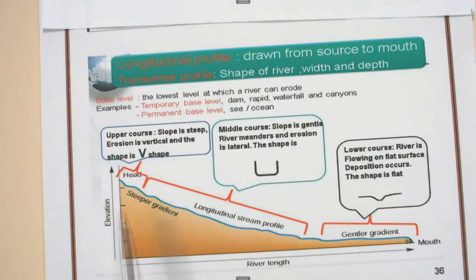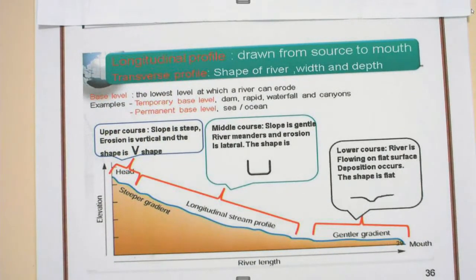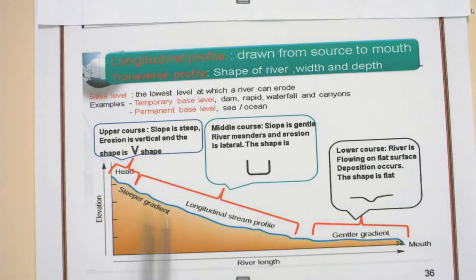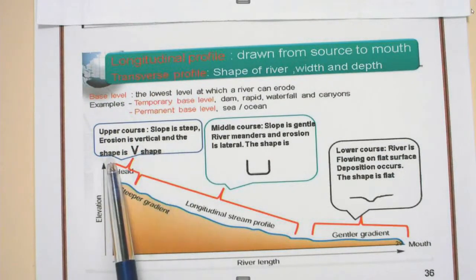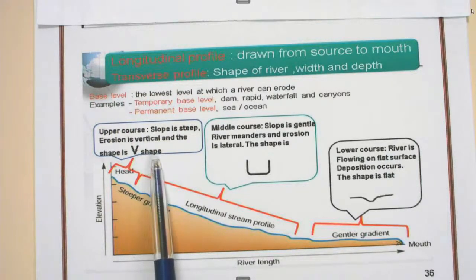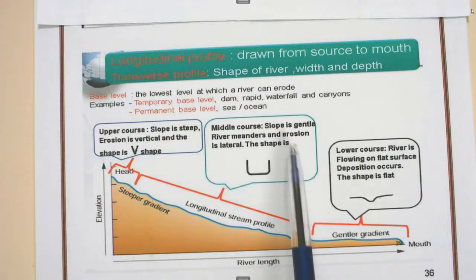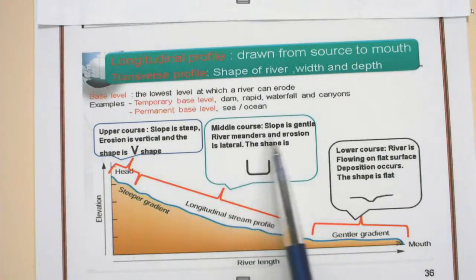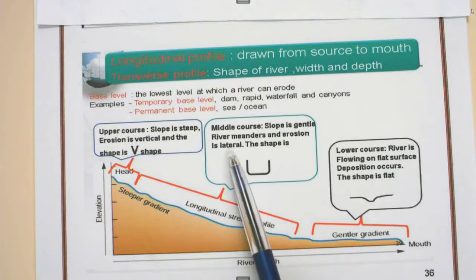So there are three courses of the river. The upper course: in the upper course, the slope is steep, erosion is vertical, and the valleys there are V-shaped. But in the middle course, the slope is gentle, the river meanders from side to side, and erosion is lateral.